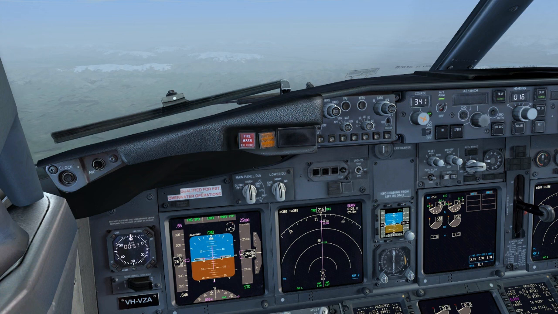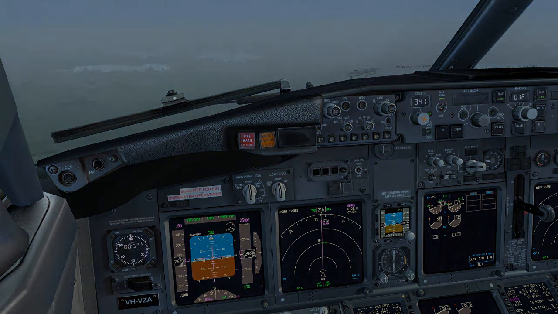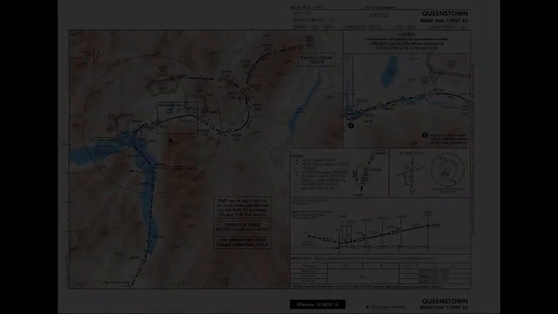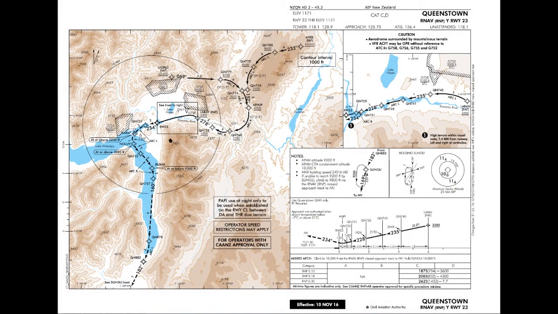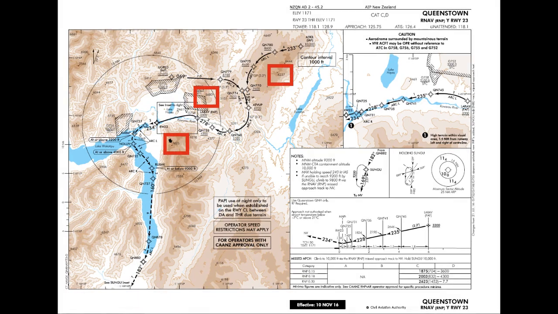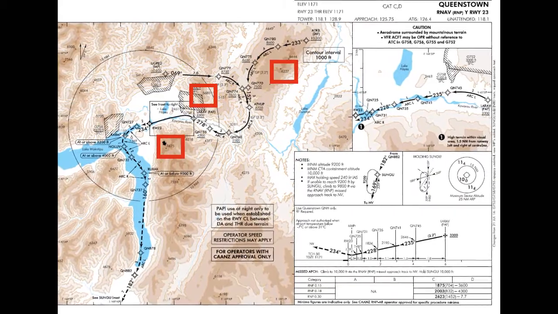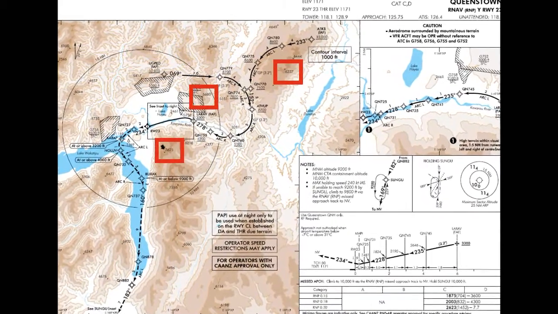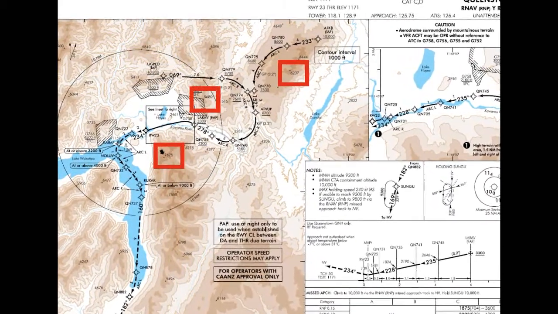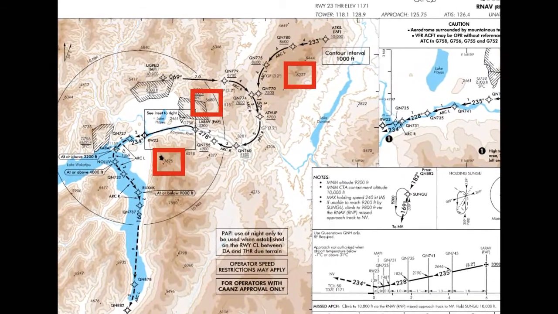Before we start the approach, let's take a look at the charts. First thing we notice is that there's a lot of high terrain about, and that our flight path will take us underneath the terrain, meaning that we'll actually be flying in between the mountains. Second thing is that the approach path is really steep.